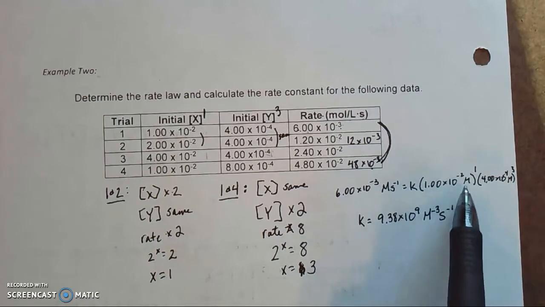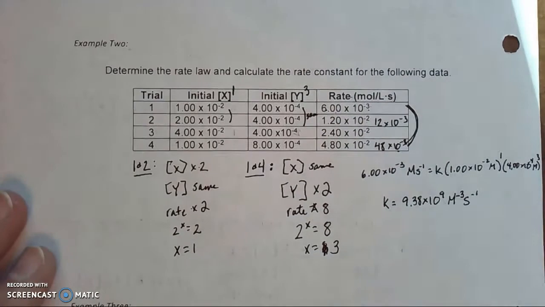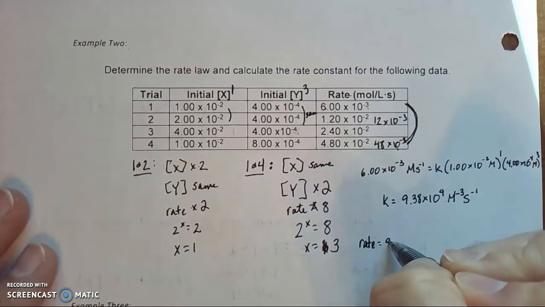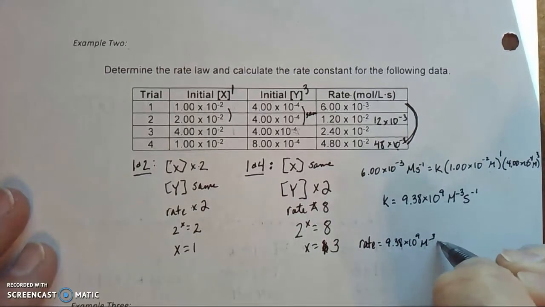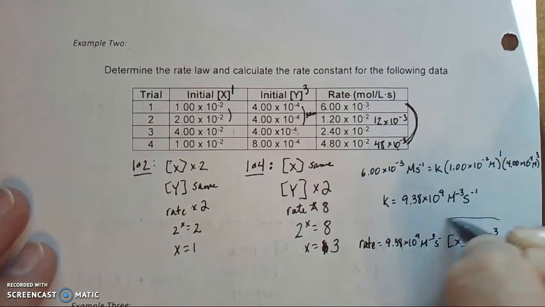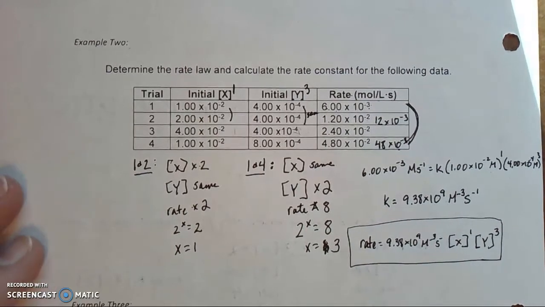So you can use that to figure out what the units on K are. So if we wanted to report the whole rate law, we would say rate is equal to our K value times the concentration of X to the first, Y to the third. There is our final answer if we're asked to report the rate law.